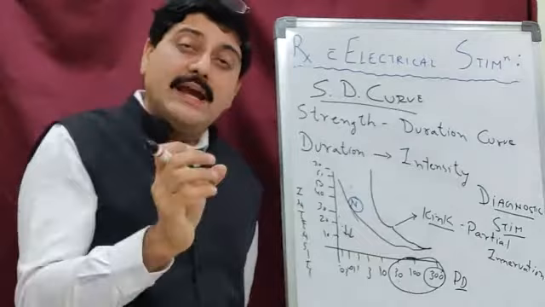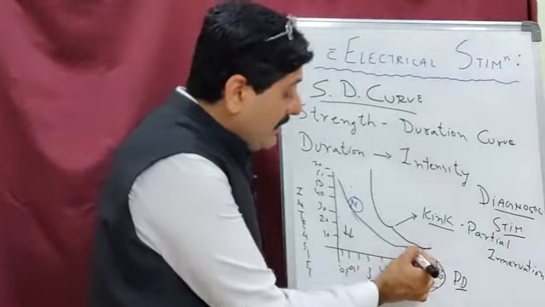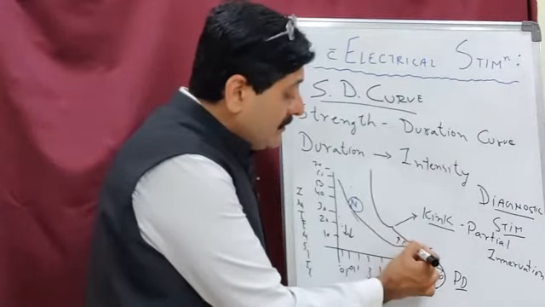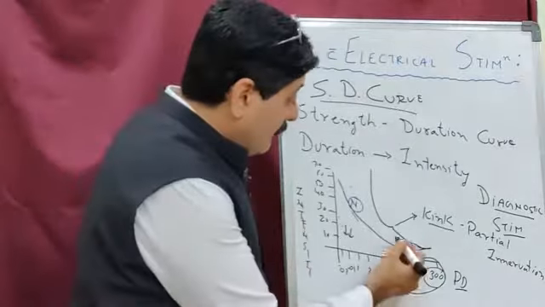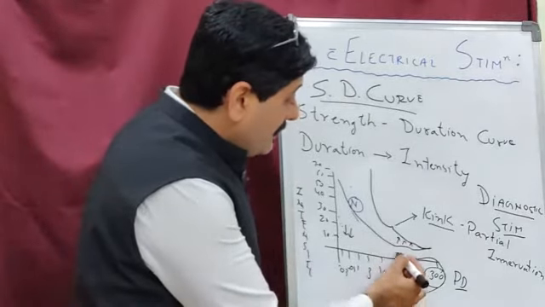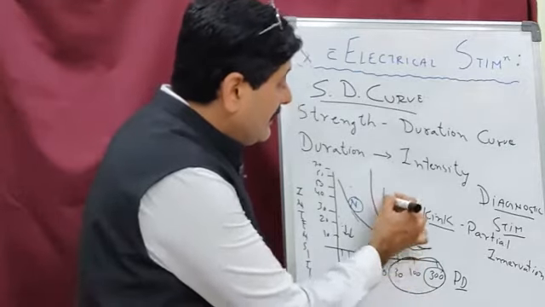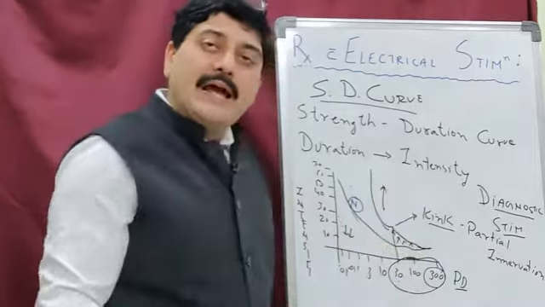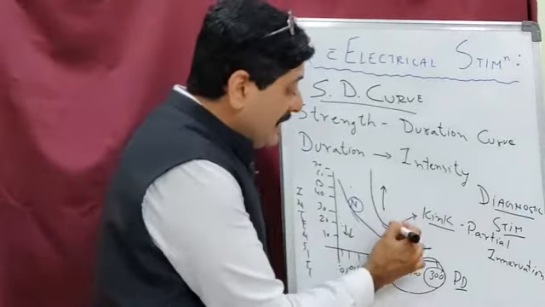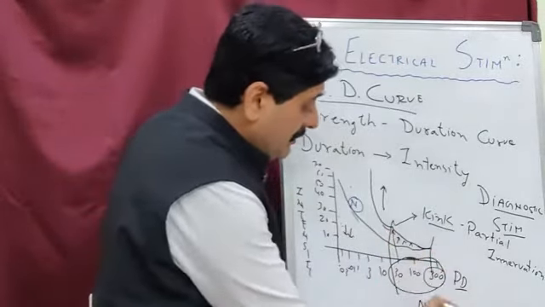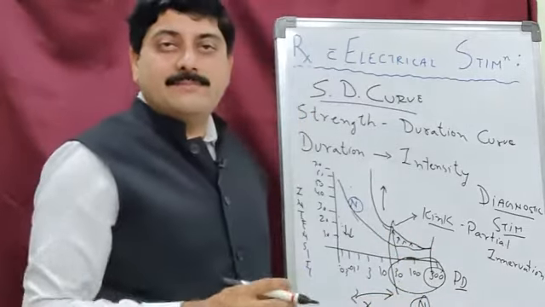So what happens is, at longer durations, up to a certain extent, it is responding parallel to the normal graph. But after a certain point, for example at 30 pulse duration, it is responding normal. After 30, there is a steep rise in the intensity. So that means that these many fibers are normal and these fibers are not responding.